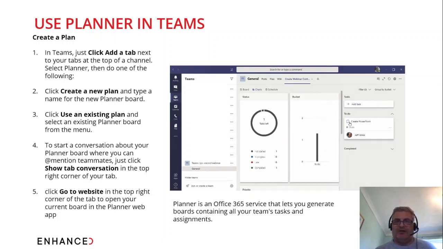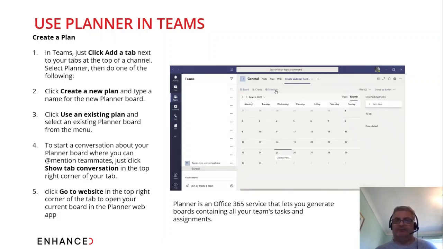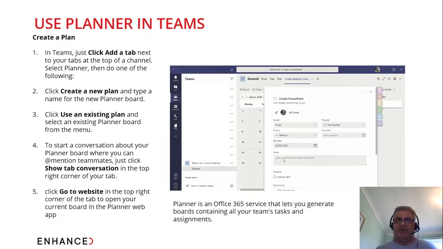And within the charts, you can see the current status of those tasks, who they're assigned to. And here within the schedule view, again, which tasks are to do, which are completed. You can click on each individual task as well.